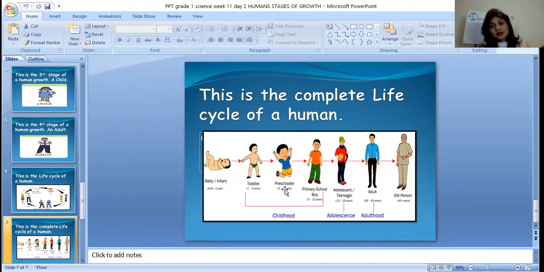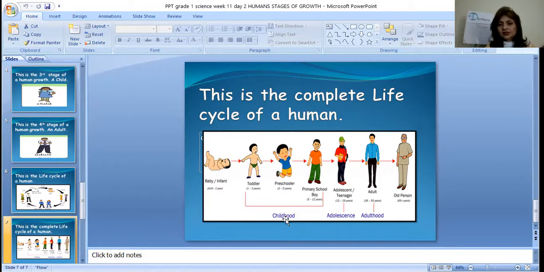It starts going to kindergarten. This preschooler becomes a primary school boy. It goes to primary classes. Later on, this boy grows up into a teenager, an adolescent, and this teenager will later grow into an adult, and this adult will grow into an old person. So these are the different stages of growth.